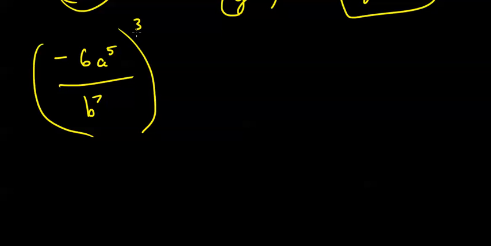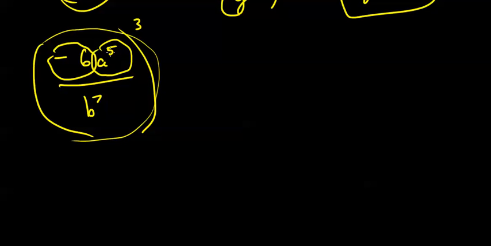Alright, you can turn this into a lot of ink here. What I'm going to do is say this base is made up of 3 different factors in a product or quotient. There's a minus 6, there's an a to the 5th, and there's a b to the 7th.